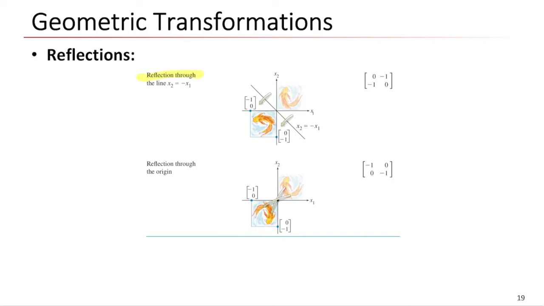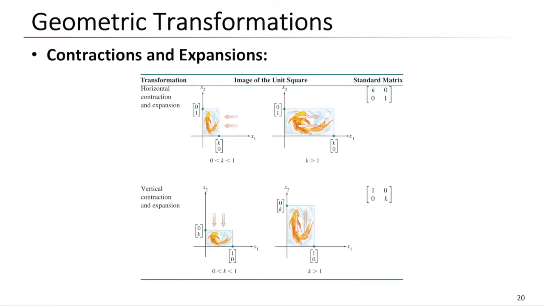Then the reflection through this other line will be this matrix. Reflection through the origin will be this matrix. You can do this one yourself, okay? And there is another geometric transformation, contraction and expansion. The horizontal contraction or expansion looks like this matrix.